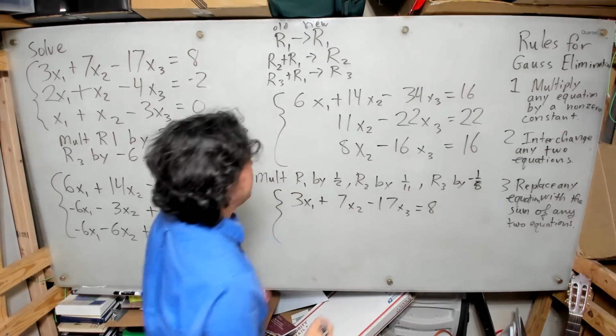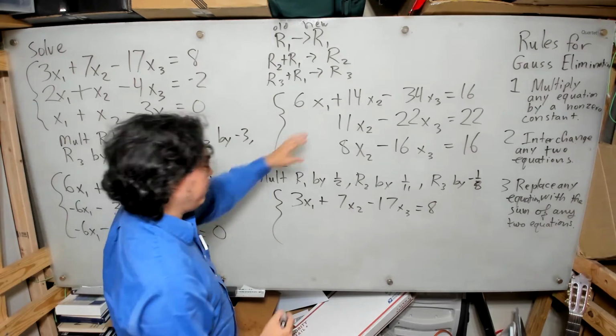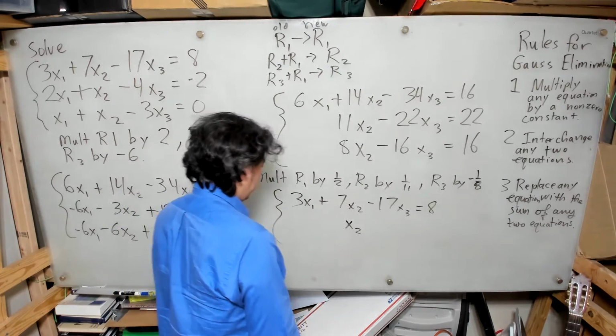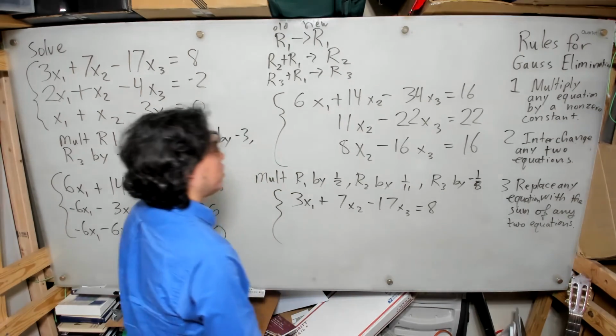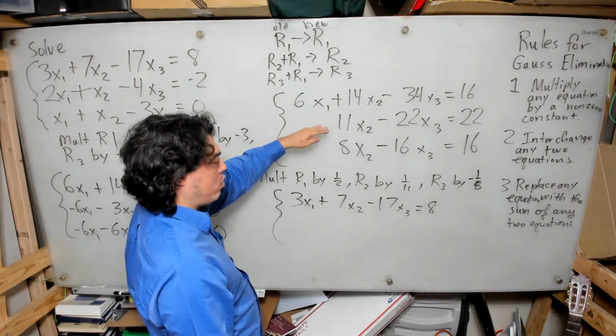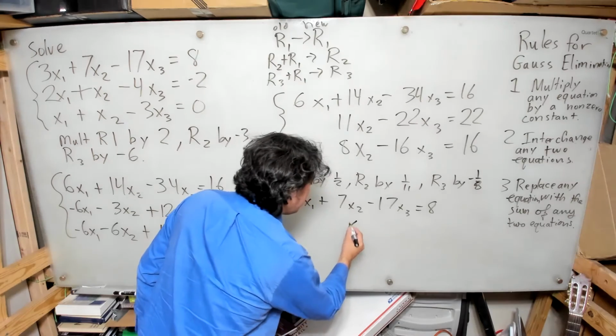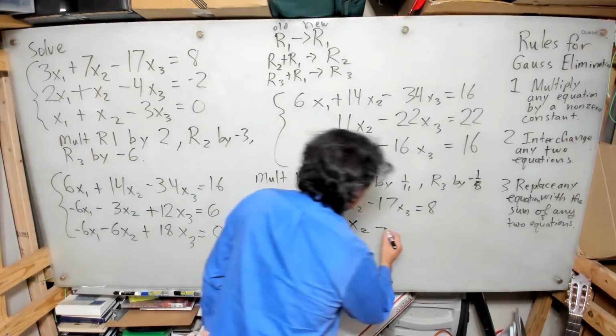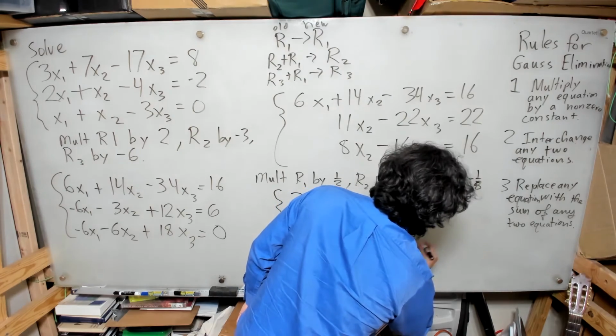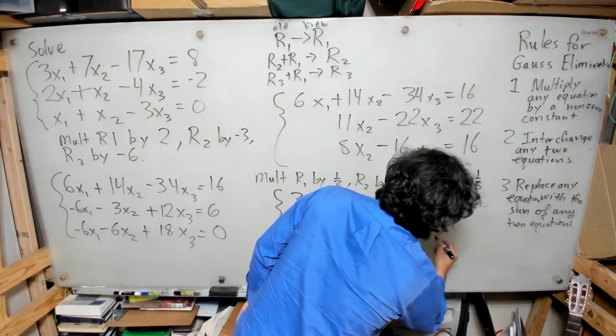This one I'm multiplying by 1 over 11. So that's going to be x2, because 11 over 11 is 1, minus 2x3 equals 2.